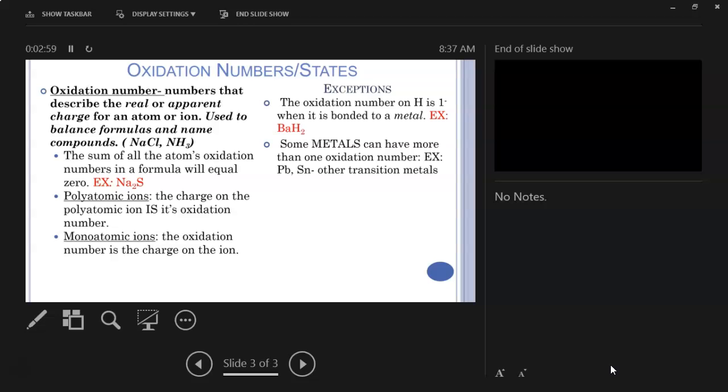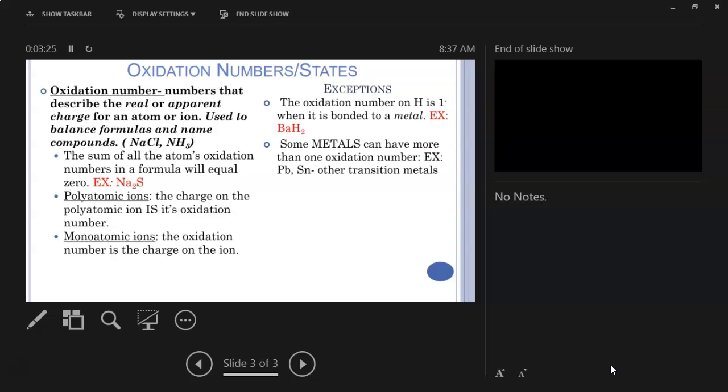So when you look at these, and it's only the metals, it has nothing to do with non-metals, only the transition metals and tin and lead. All the others, you're going to follow those numbers that we wrote above the periodic table. Now, if you look at silver, atomic number 47, right above the symbol its oxidation number is 1. And it's only 1.